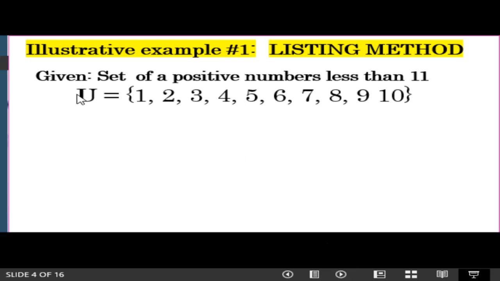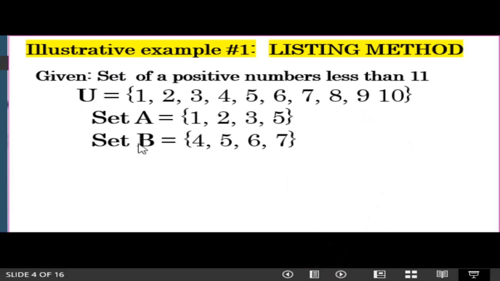This will be our universal set, and then the other givens are set A and set B. As you notice, set A and set B have their own elements. For set A, 1, 2, 3, and 5 are the elements, while for B, 4, 5, 6, and 7.